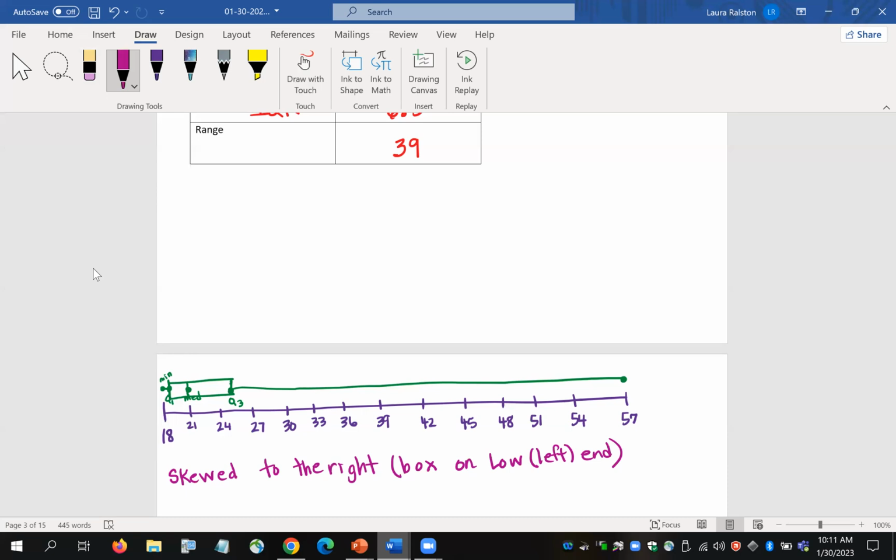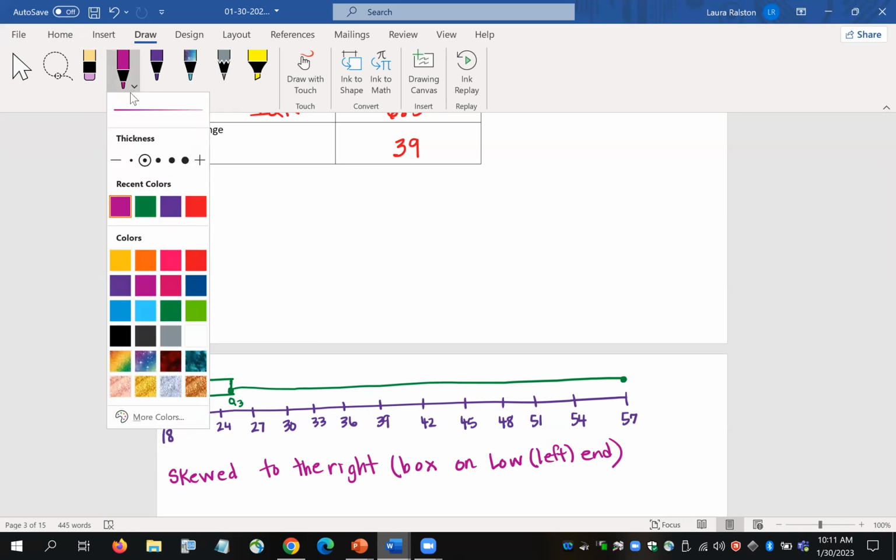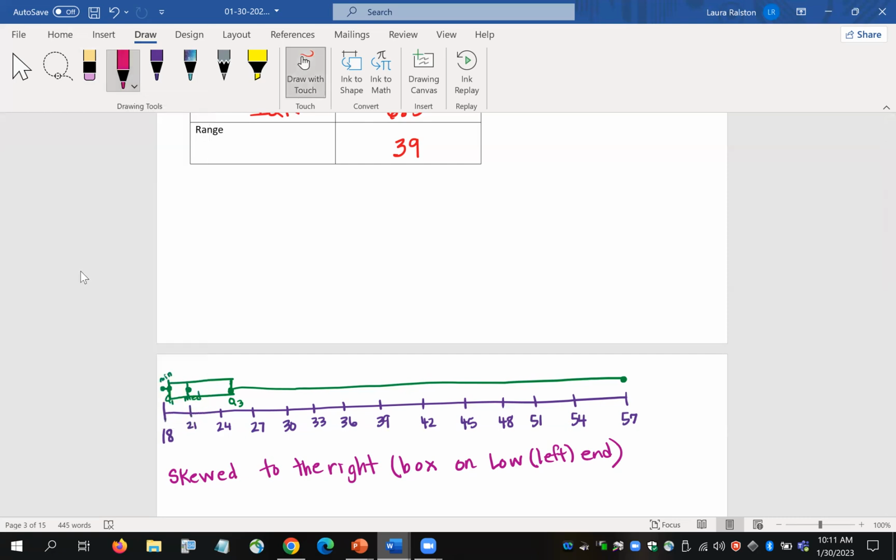Now, I'm going to show you how to create that same box plot in Minitab. Again, remember the deal with the box plot: between the minimum and Q1 is 25% of the data. Between Q1 and the median, you have 25% of the data. Between the median and Q3, you have 25% of the data.